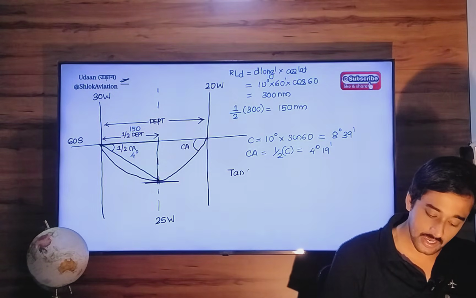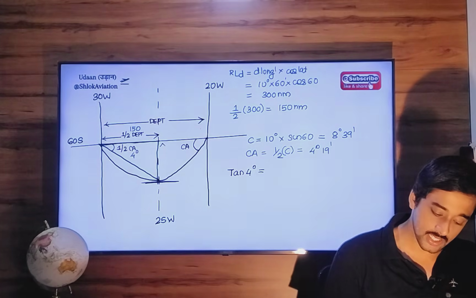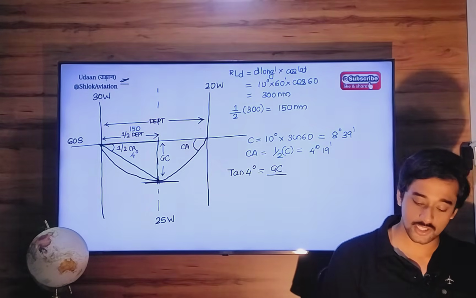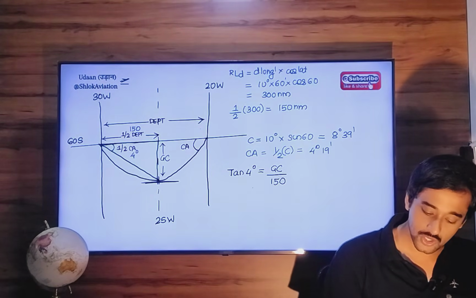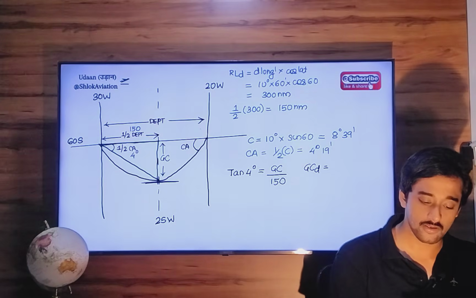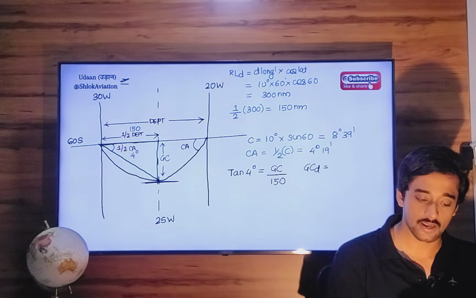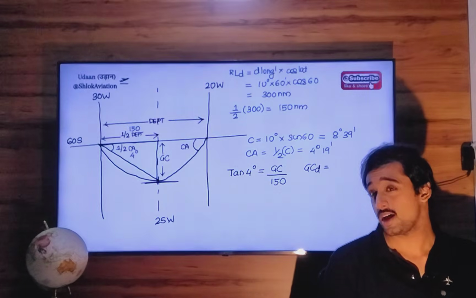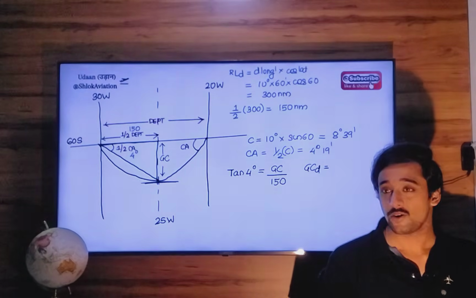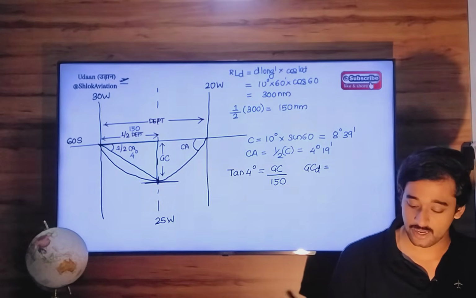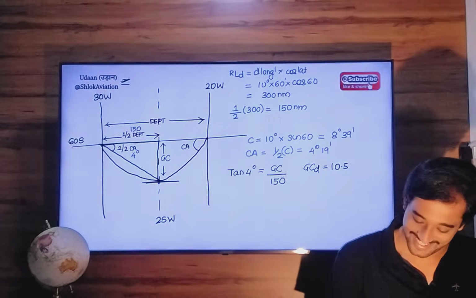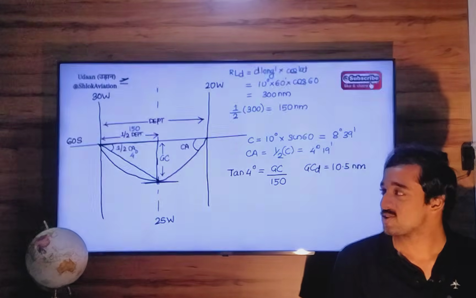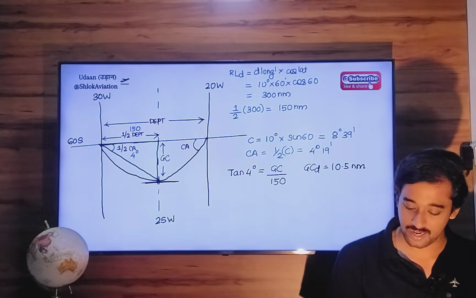Tan of 4 degrees is the opposite side, which is this great circle distance, divided by the adjacent, which is 150 miles. So the distance will be 150 into tan 4, which is approximately 10.5 nautical miles.